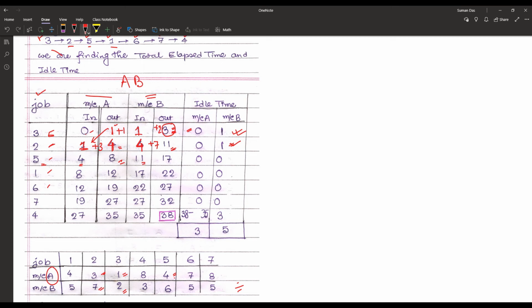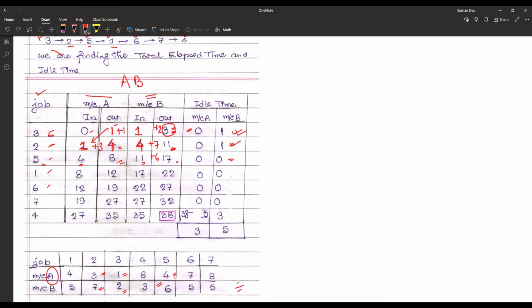There is no idle time for machine B because machine A ended on 8 and machine B ended on 11, so it starts from 11 where it ended. Now for job 5, machine B has the processing time 6, so plus 6 means 17. Same as for machine A, for job number 5, no idle time. For machine B, no idle time.